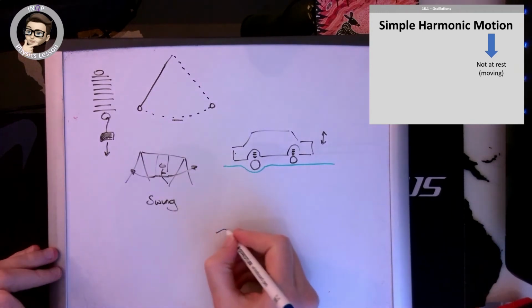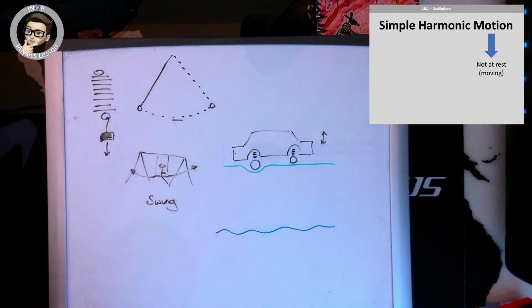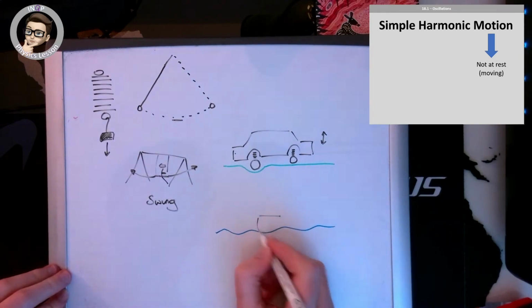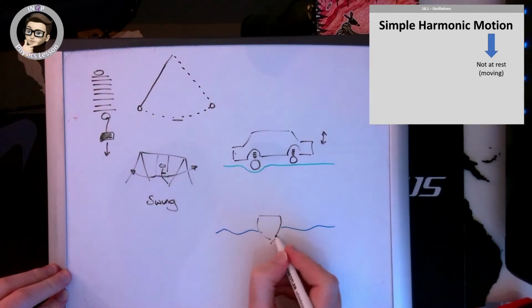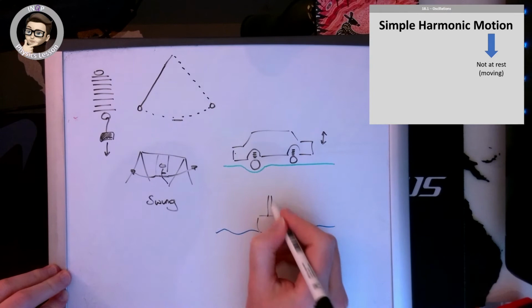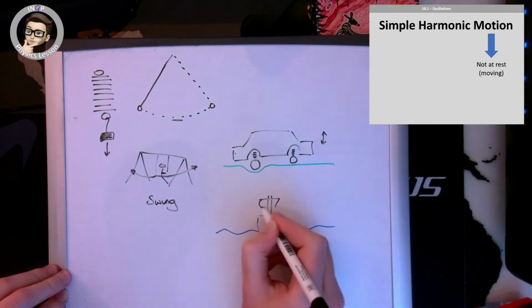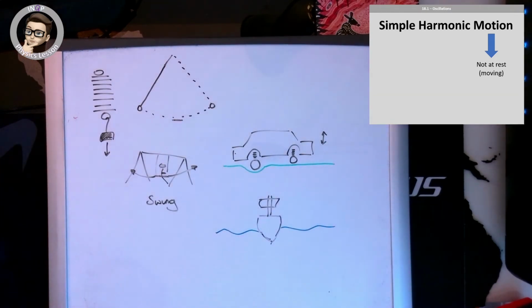And we can take it all the way to the sea. So here's the sea, and we've got a boat on the sea there. So this boat, let's give it a sail, is being hit by the waves at the side.